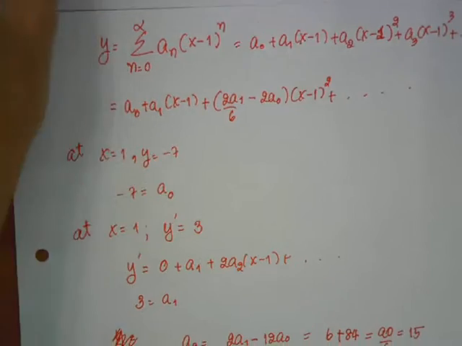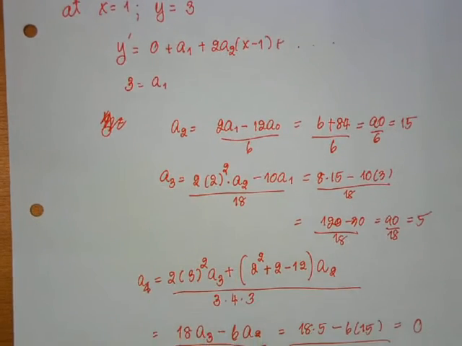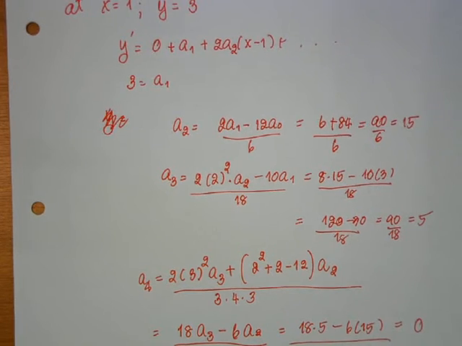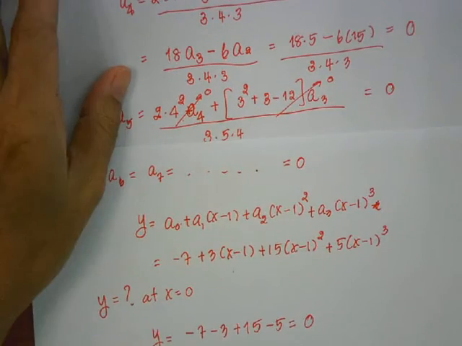And then you would see that if you replace the numbers in there, a4 is equal to 0 and a5 is equal to 0. That makes the rest of the a's equal to 0.